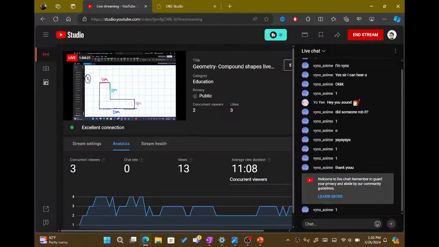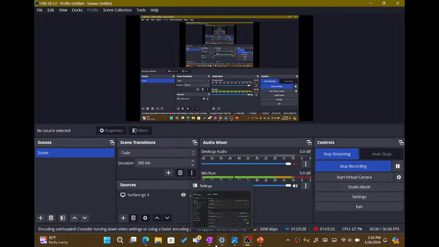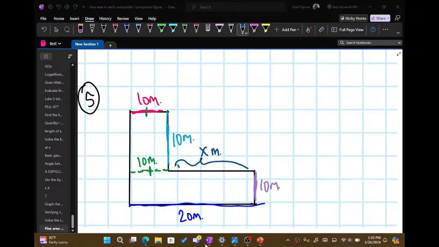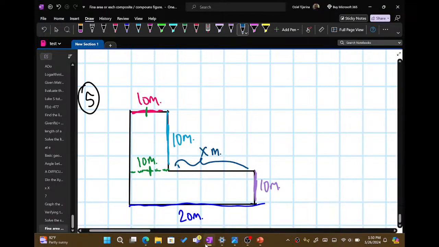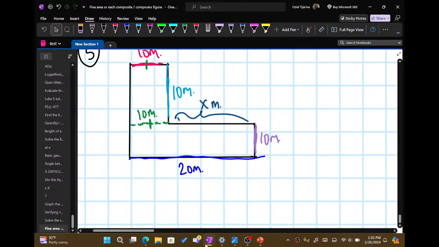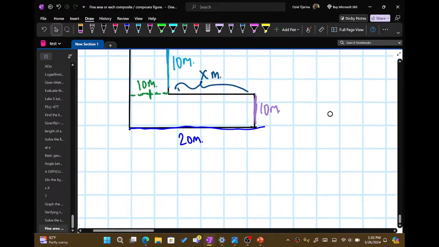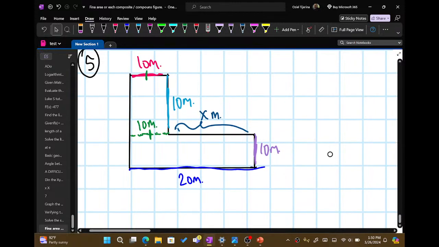Now here, hopefully y'all can read that color. So what I want to say is that the length of the rectangle really, and actually I don't think we even need this.